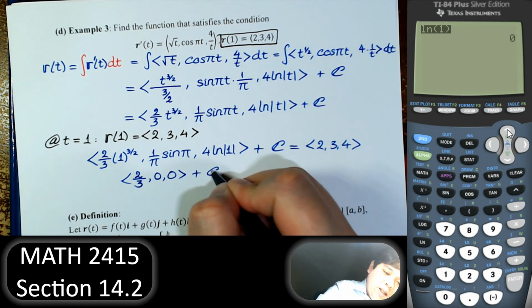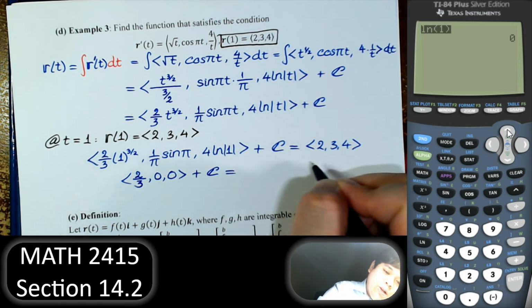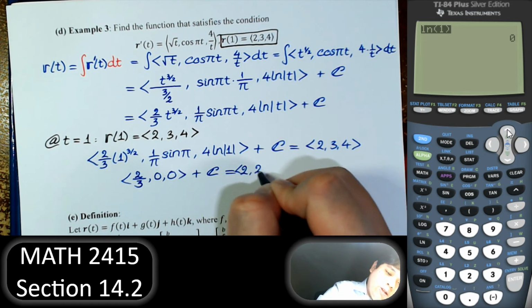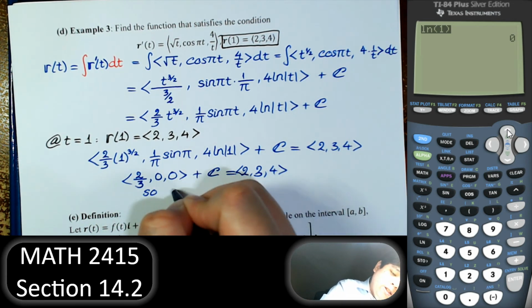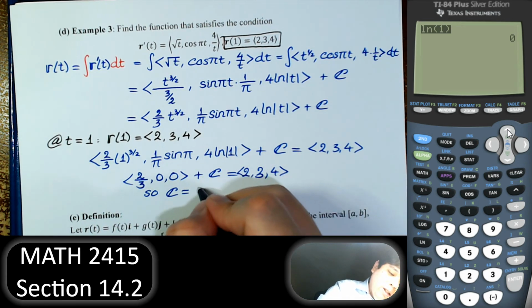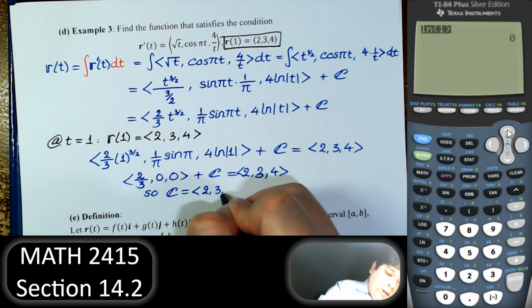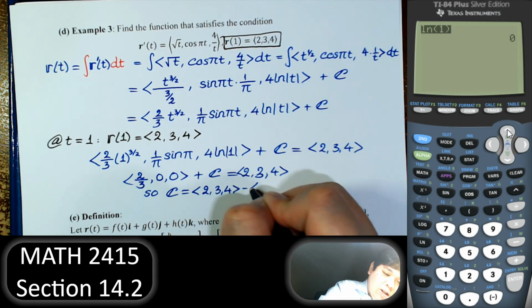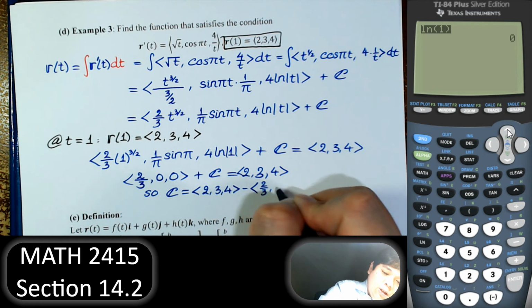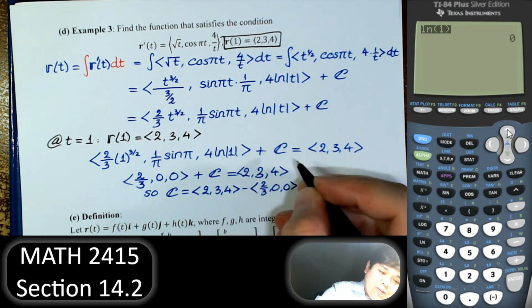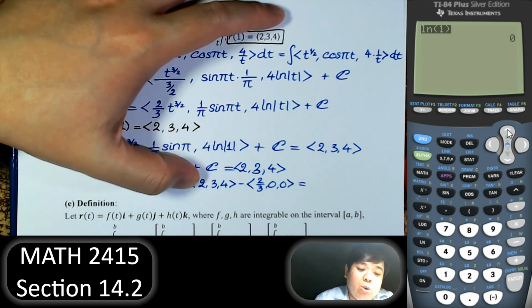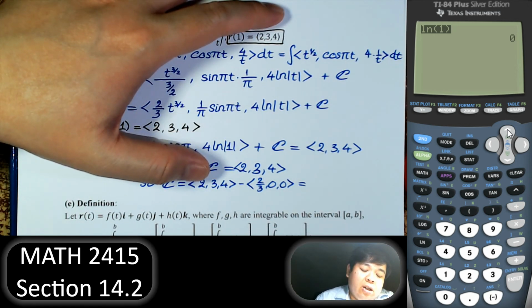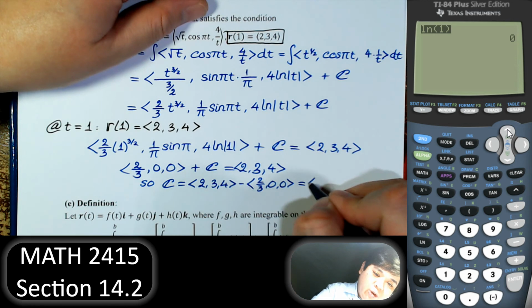Plus c equal to ⟨2, 3, 4⟩. If we want to solve for it, ⟨2, 3, 4⟩ minus ⟨2/3, 0, 0⟩. 2 minus 2 over 3. 2 is 6 over 3, so 4 over 3, so 4/3.